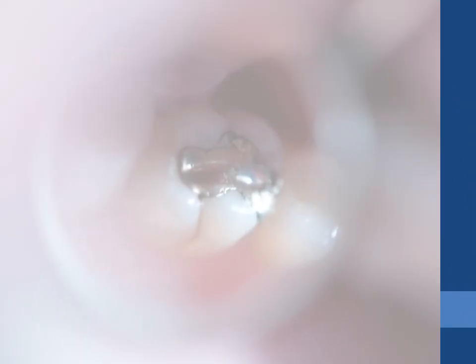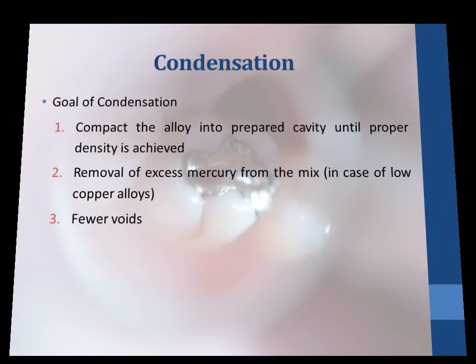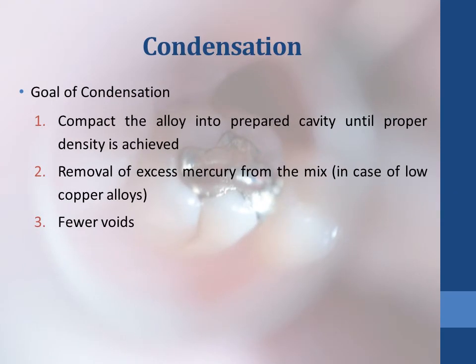So now, after proportioning and trituration, the next step is condensation. The goals of condensation are to compact the alloy into the prepared cavity until proper density is achieved, to remove the excess mercury if you are using low copper alloys, and to achieve a filling that has fewer voids.